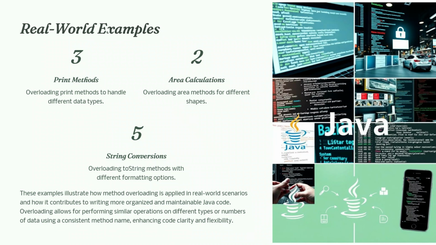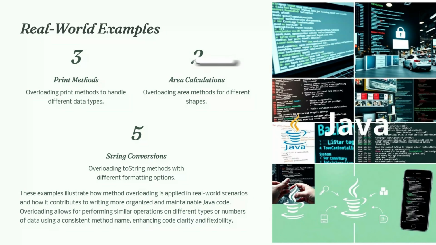Now, in the real world example, we will discuss the print methods. You must have heard of PrintStream, which is part of the Java library from the src, and we'll see different print methods with different variations of input parameters. These are all overloaded methods.